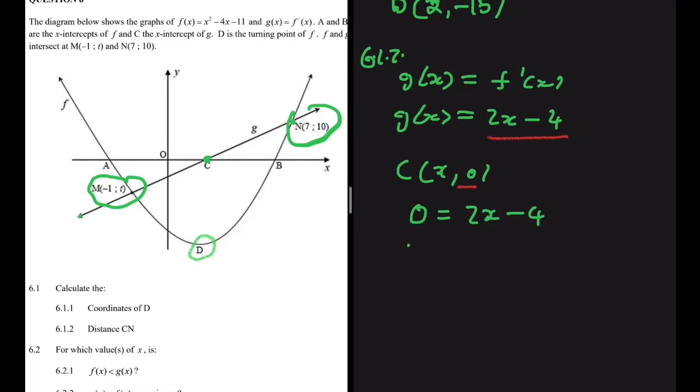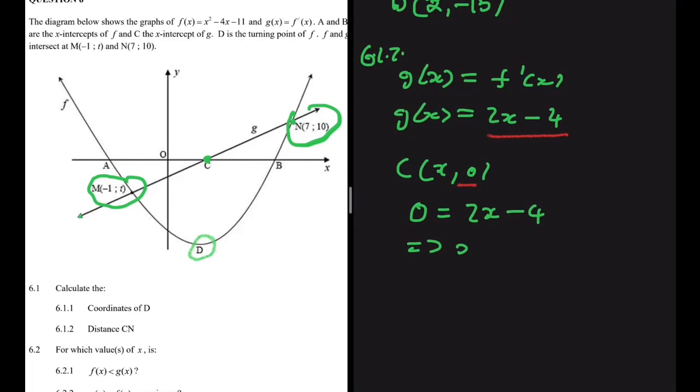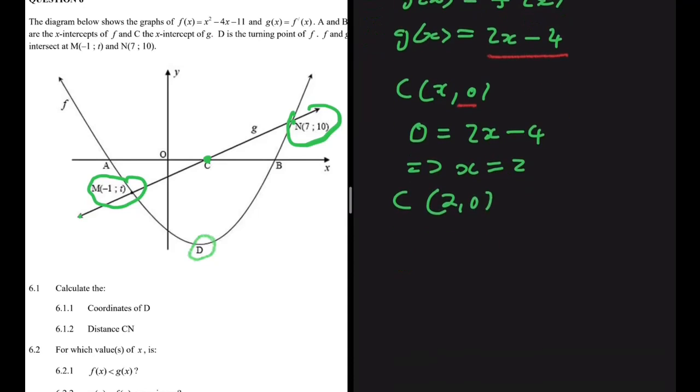It's easy to see that x should be equal to 2. So for c, we have coordinates 2 and 0. We know that the coordinates of n are 7 and 10. So now we can go ahead and find the distance cn.